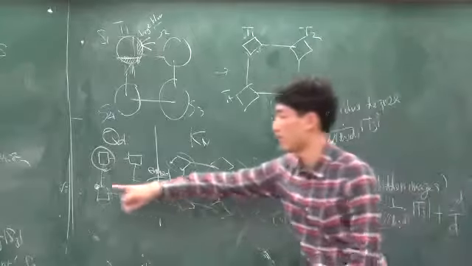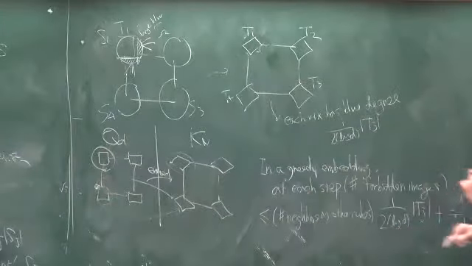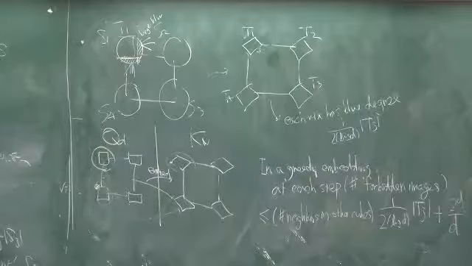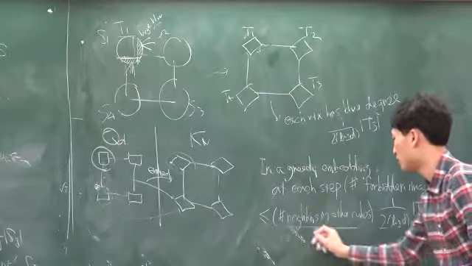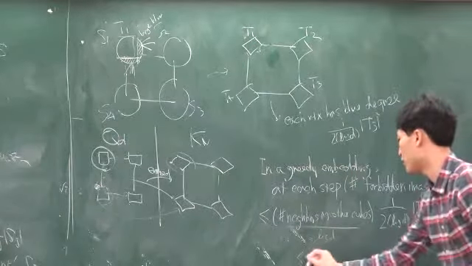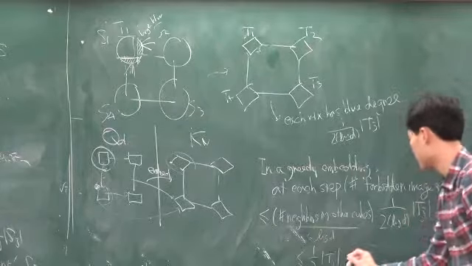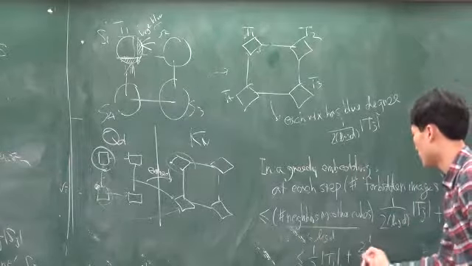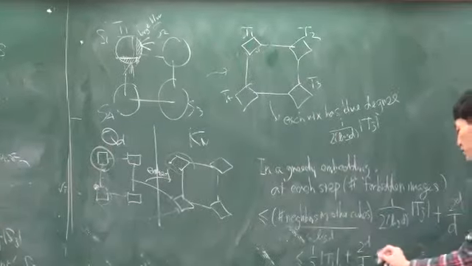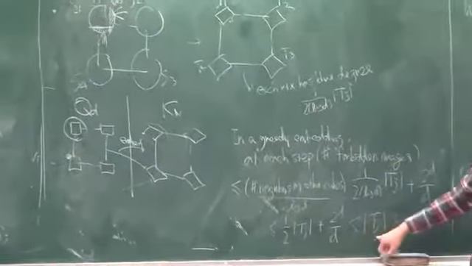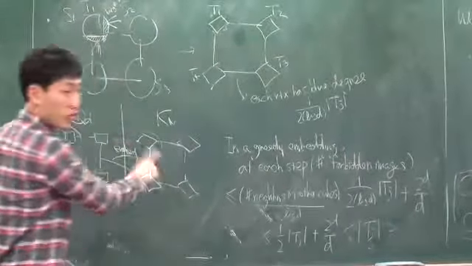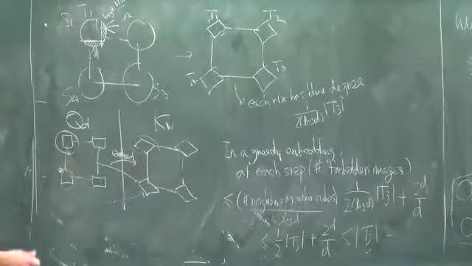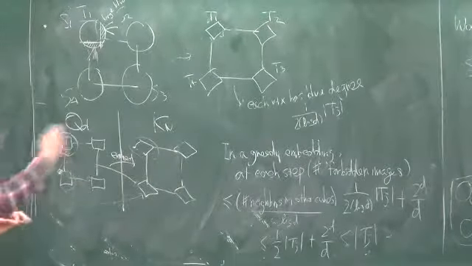But the number of neighbors of this vertex in outer cubes is at most log d, because of how we arranged it, each vertex only has log d neighbors outside. That means there's log d at most. So what we have is we occupy at most half of Tj, and then 2 to the d over d. And I just made it all work so that this is less than Tj. So if we just greedily embed the vertices one by one, we will never run out of available vertices. We can always embed it one by one.